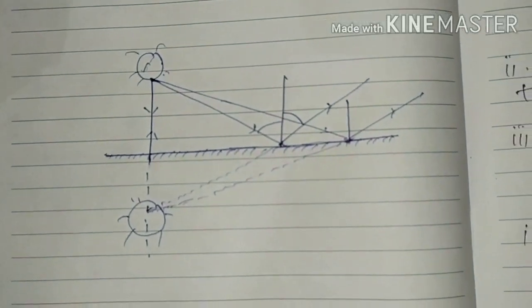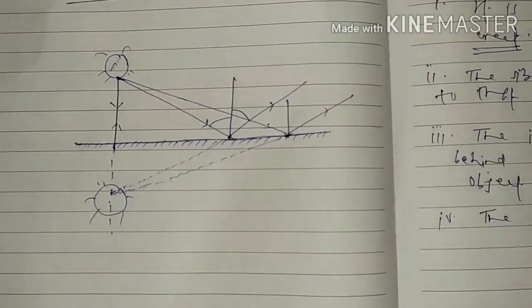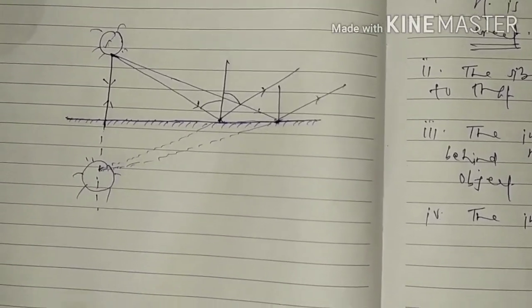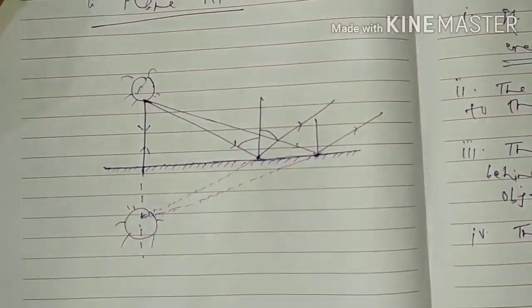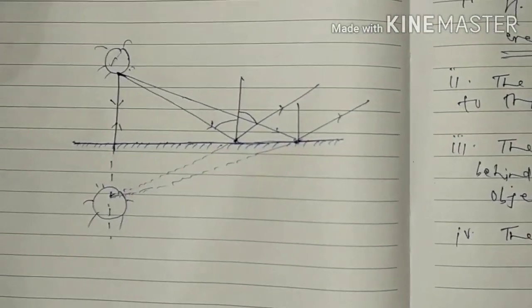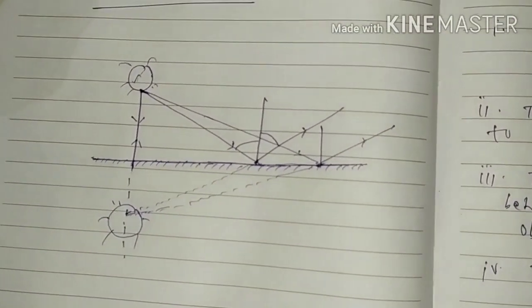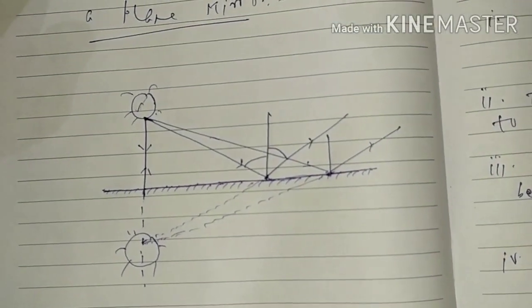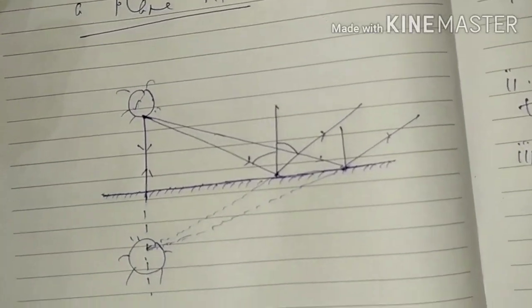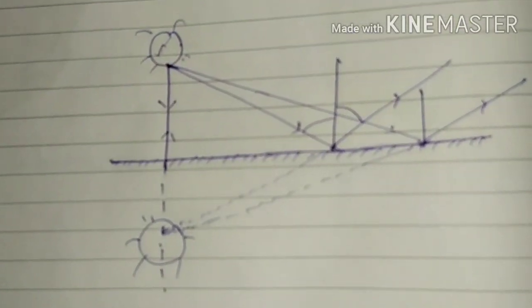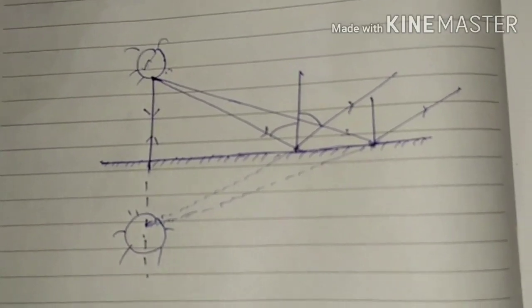You will also see on an ambulance that the word is written in such a way that when you read it with the help of a plane mirror, it appears in its original, proper condition. So the left portion of the object appears on the right portion of the image. This is called lateral inversion.